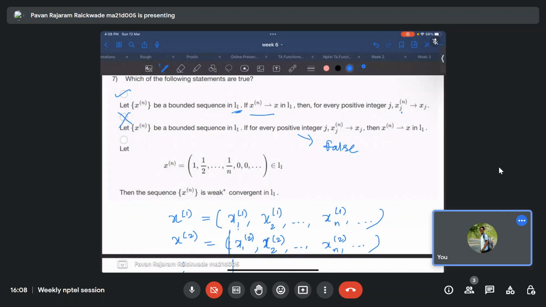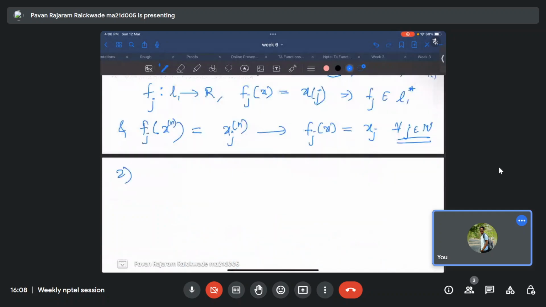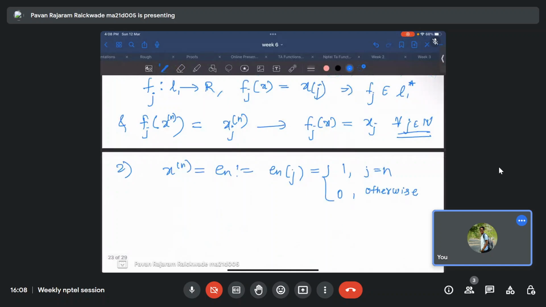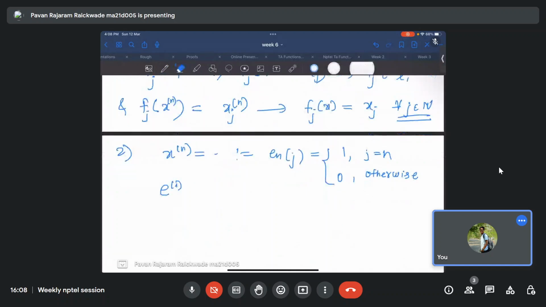Let's see an example. Xn is simply the en sequence, defined as 1 at the nth position and 0 elsewhere. Like E1 will be 1, 0, 0, and so on.